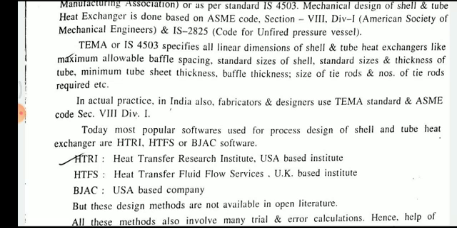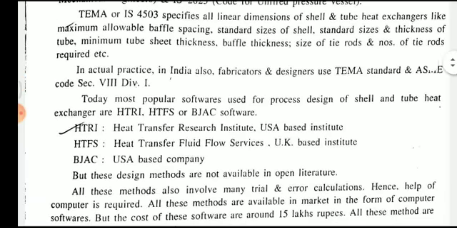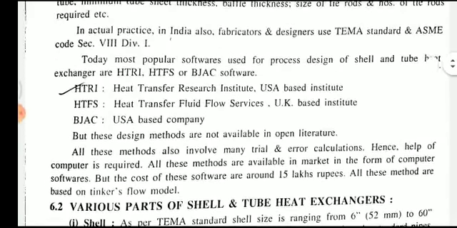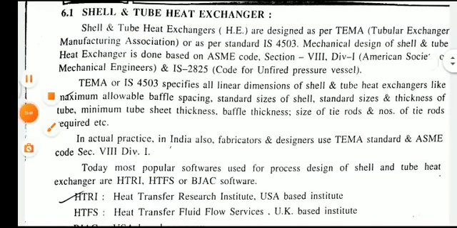Then HTFS, Heat Transfer and Fluid Flow Services in the UK, and B-JAC is a USA based company. Okay. So these design methods are available in open literature. Design method is already open. All the other parts of the shell and tube heat exchanger we will discuss in the next lecture.